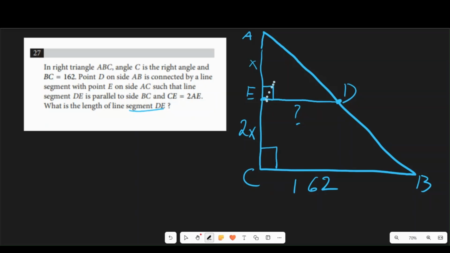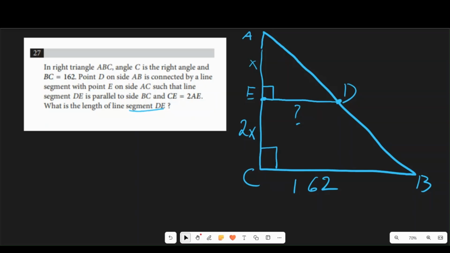Because they are similar, their side lengths will all have the same ratios with each other, and this smaller triangle is some scaled down version of the larger triangle. So basically, all we need to figure out is what is the scale factor between the larger and smaller triangles, right?